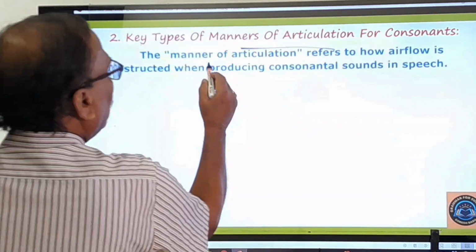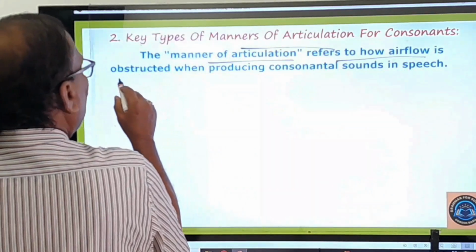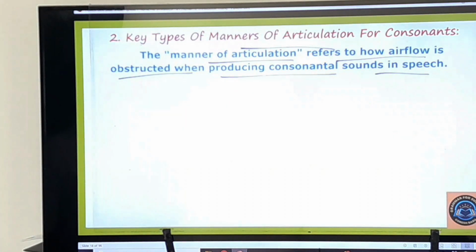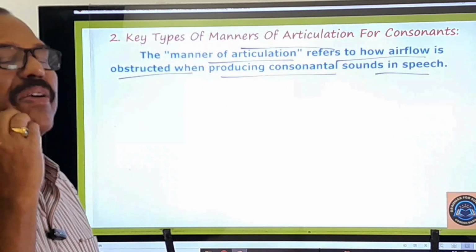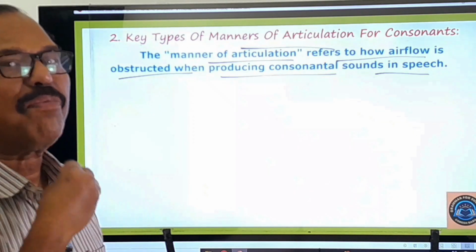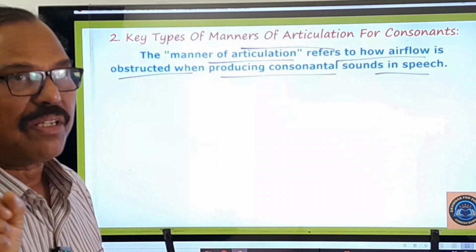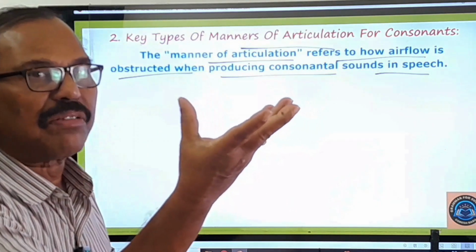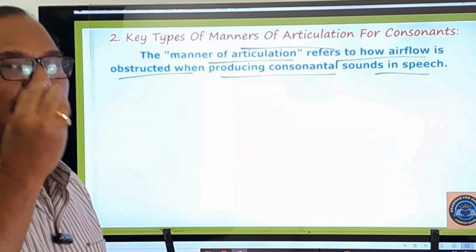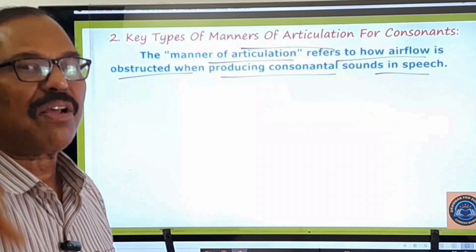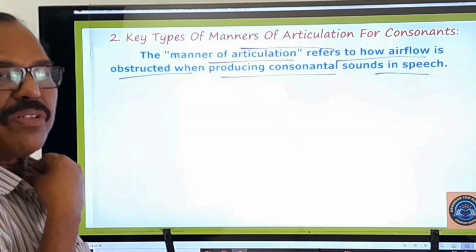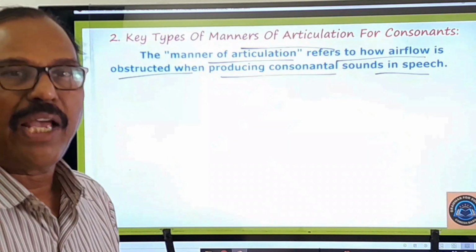The manner of articulation refers to how airflow is obstructed when producing consonantal sounds in speech. In the production of consonantal sounds, the airflow is obstructed. In the production of vowel sounds, airflow is not obstructed; they are freely pronounced. That's the difference between vowel sounds and consonant sounds.